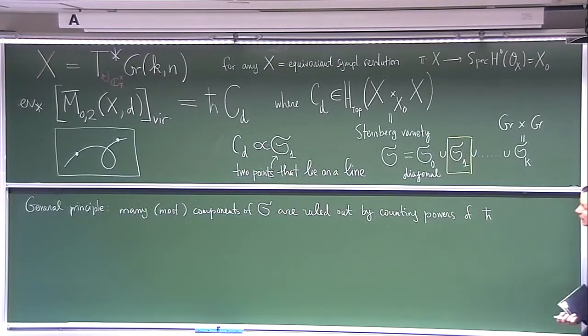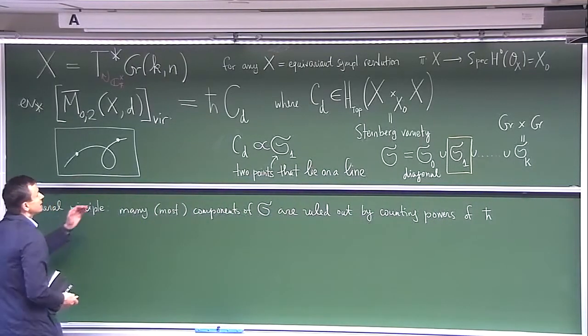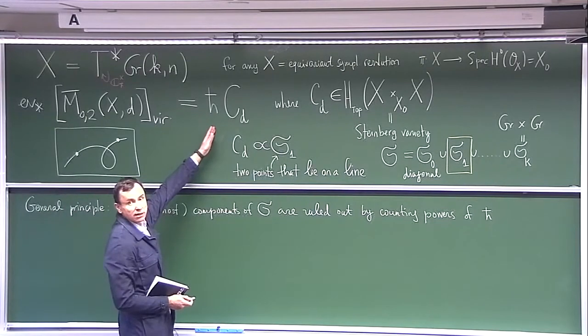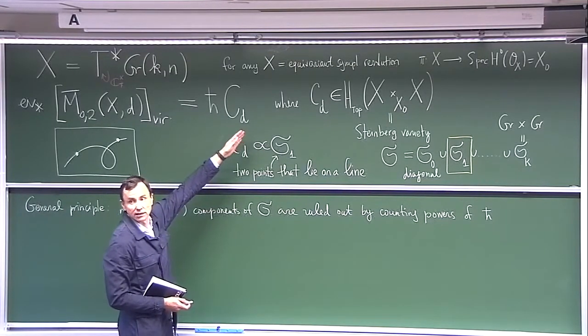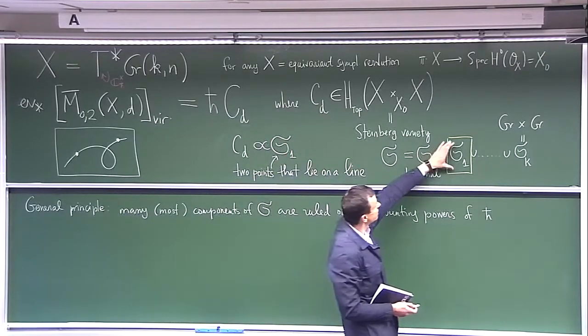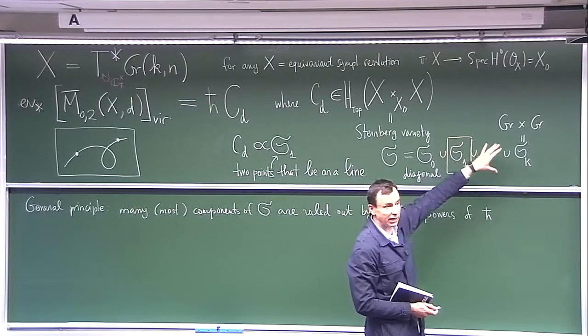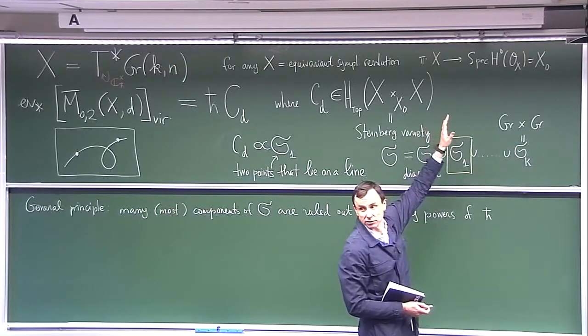So we see here, this cycle has to be h bar times some non-equivariant cycle. If you see that the contribution in some component is in fact divisible by h bar squared, it means in fact it's zero.